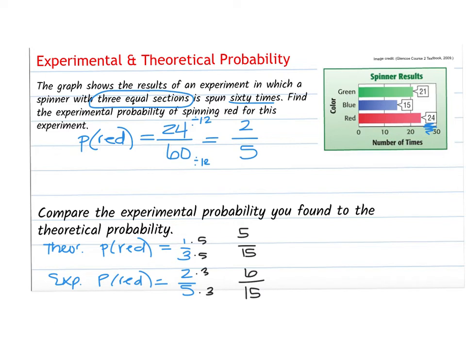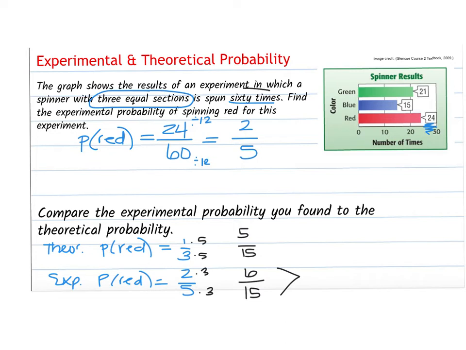So I have 5/15 and 6/15. I can see that my experimental probability is higher than my theoretical probability. So I got red just a little bit more than I should have, theoretically, based on our probability.